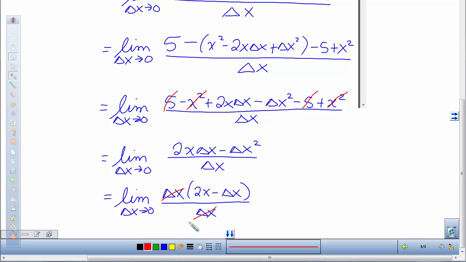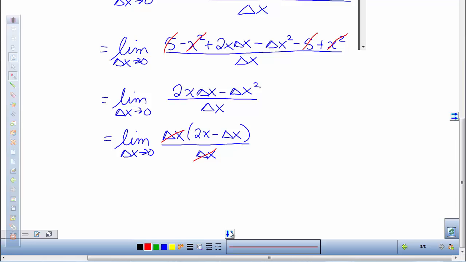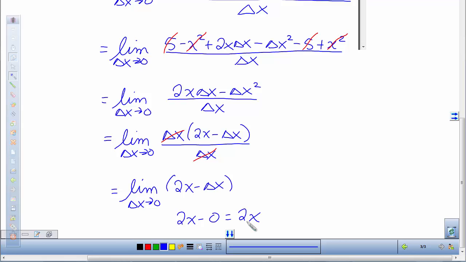The delta x's cancel each other out, so now I just need to evaluate the limit as delta x approaches 0 of 2x minus delta x. And of course I can evaluate this limit just by plugging in 0 for delta x, and when I do, 2x minus 0, we get 2x.